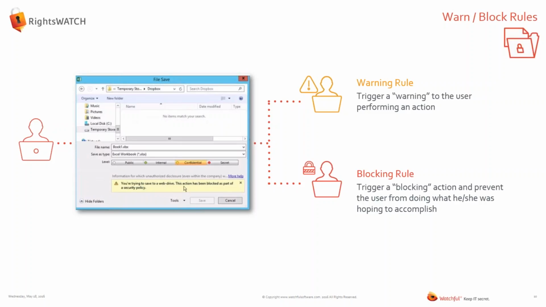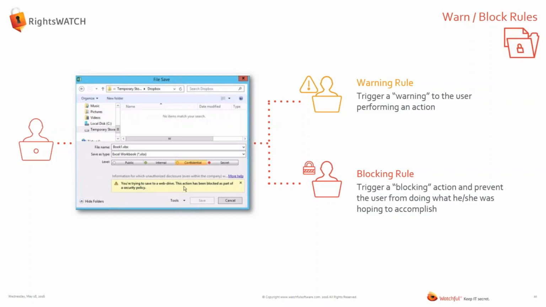But there are also blocking rules, and this is the example that we are showing here. It triggers a blocking action, and it prevents the user from doing what he was hoping to accomplish.